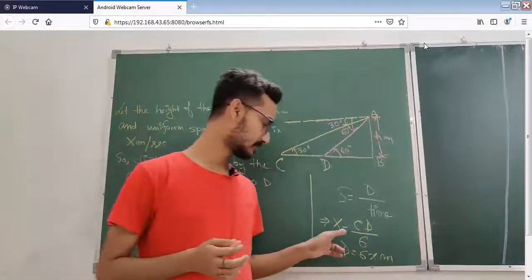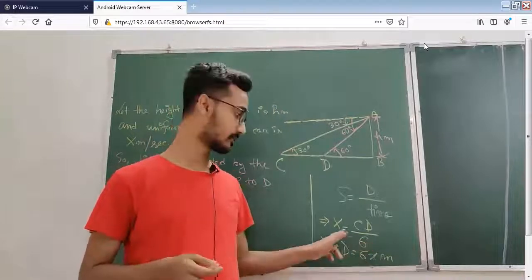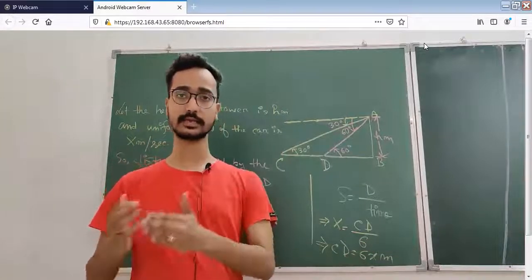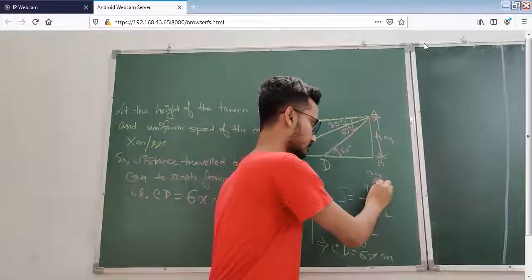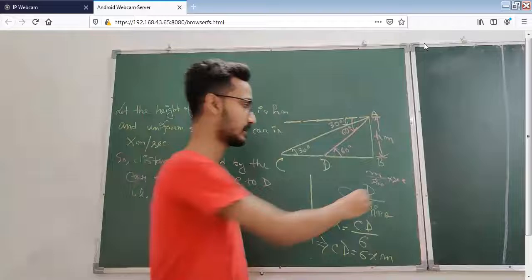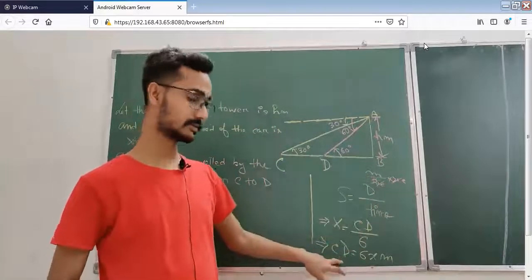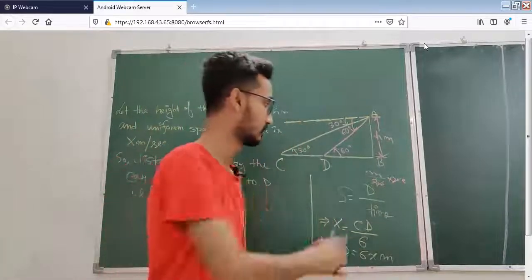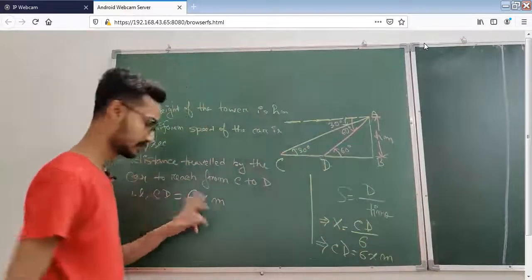The unit of x is meter per second, the unit of time is second. When you multiply meter per second into second, second and second cancel out, and the remaining unit is meter. This is the SI unit of distance. So it will be 6x meter.